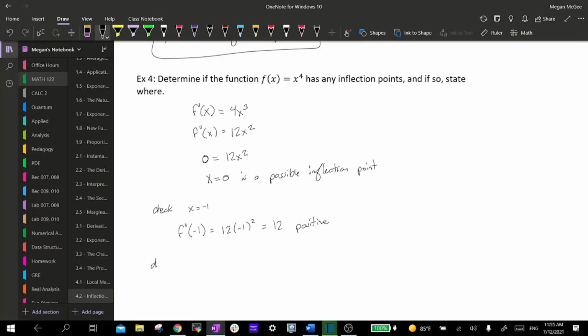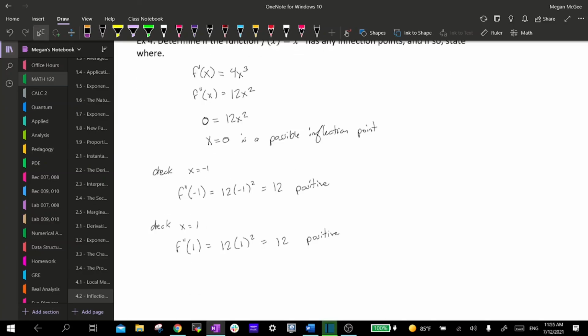And then we'll check x is equal to +1. So the second derivative evaluated at +1 gives us 12 times 1 squared, which is 12. So again, it is positive. So since our sign does not change for our second derivative, it is positive on both sides of x equal to 0. X equals 0 is not an inflection point.